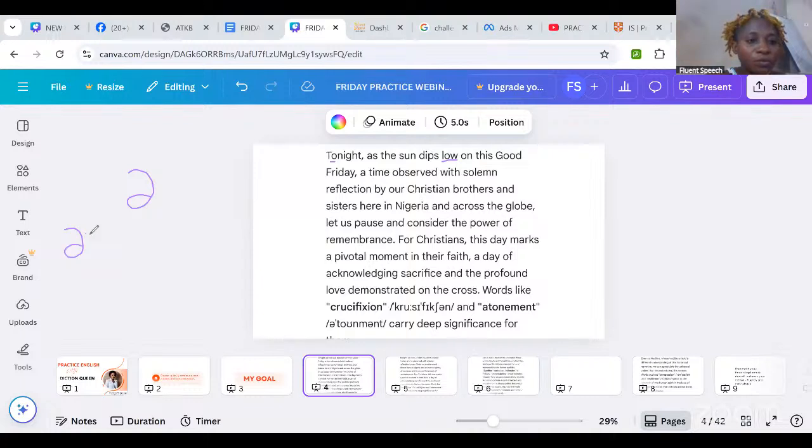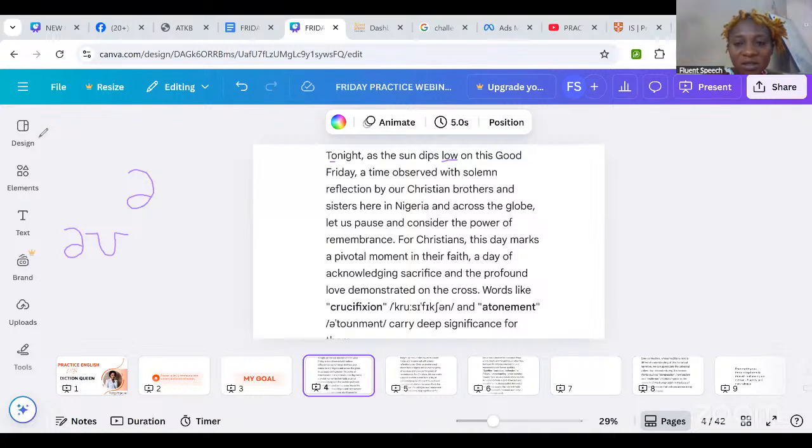It has the schwa first, and it has the O sound. Low. Road. Slow. And so many other words like that. So let's proceed. Tonight is the sun dips low on this Good Friday.